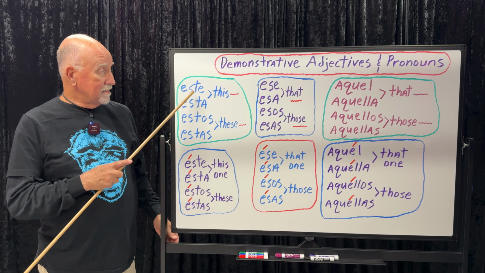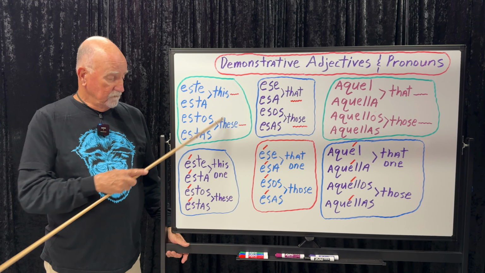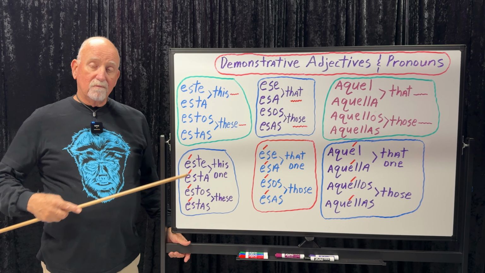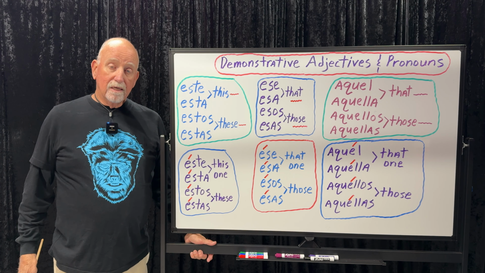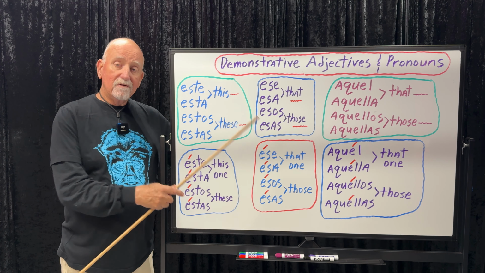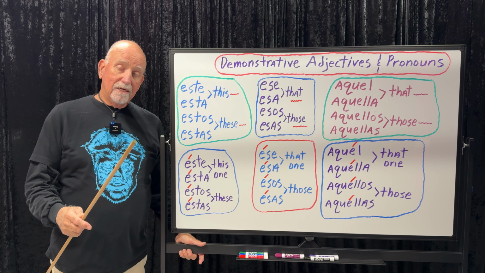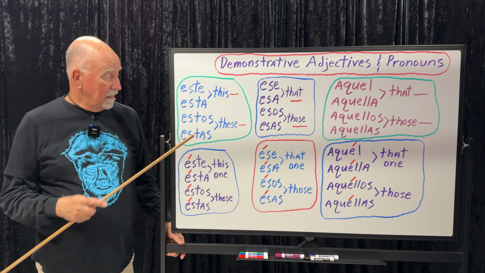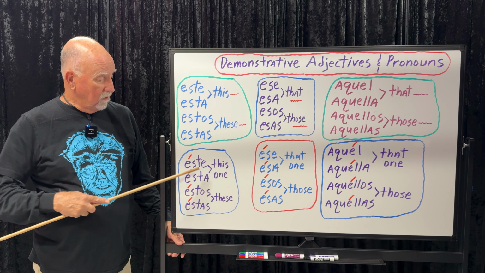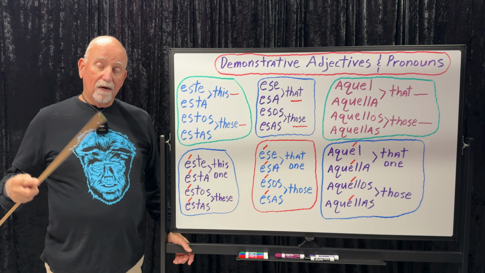Why? Because este and esta mean this, but este and esta with the accent mark mean this one. Now when you speak, this doesn't have any bearing. But if you're writing Spanish or reading Spanish and you see one without or one with, then we want you to know what it means.